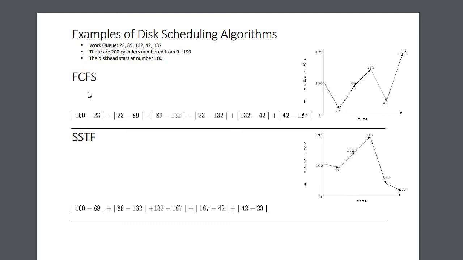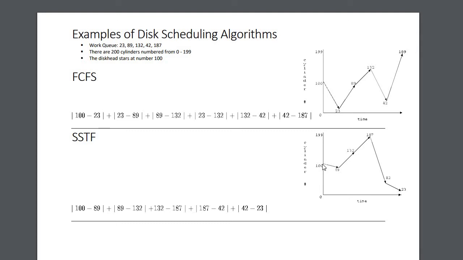There is another one, which is shortest seek time first, the second algorithm. In this one we need to calculate the difference between the different cylinders. Wherever we are standing, we calculate the difference of cylinders from all the values, and identify the shortest seek time cylinder, so we can travel from the current position to the next destination.